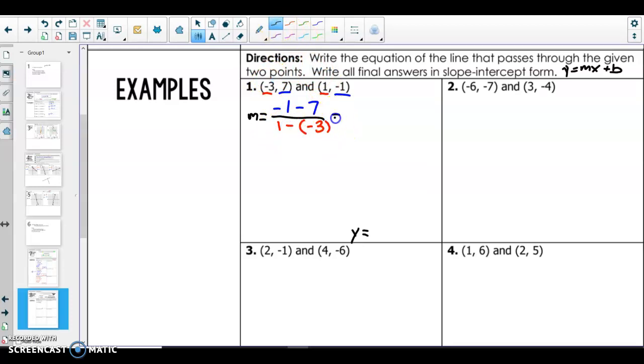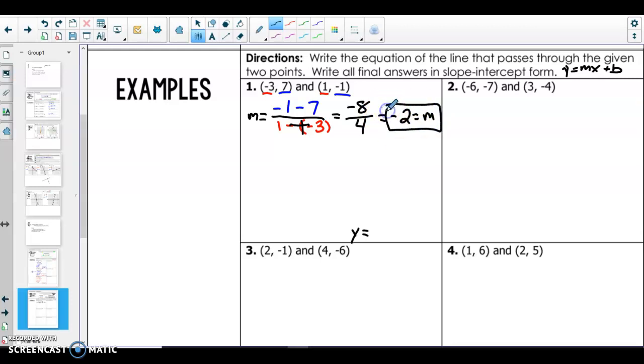Looking good. Equals. Pair of negatives make more negatives, so we've got a -8 on top over 1 minus -3. Double negative basically makes this a plus sign, so 1 plus 3 is 4. I know this, but I know it way better as -2. Cool. That's a good slope.